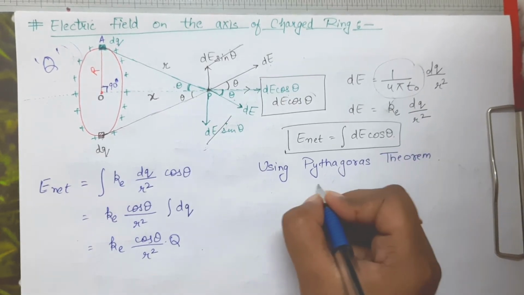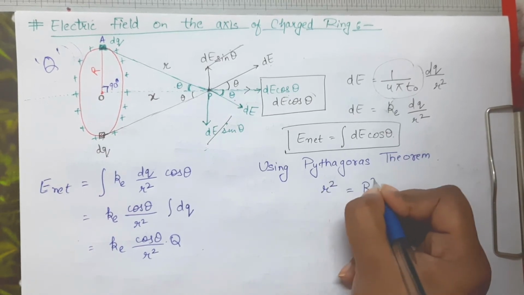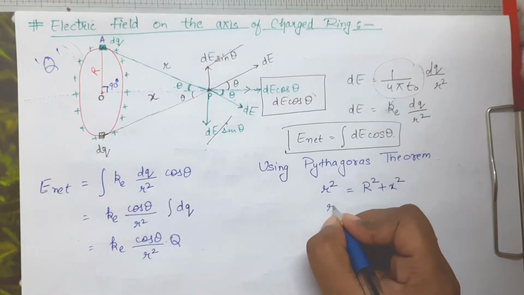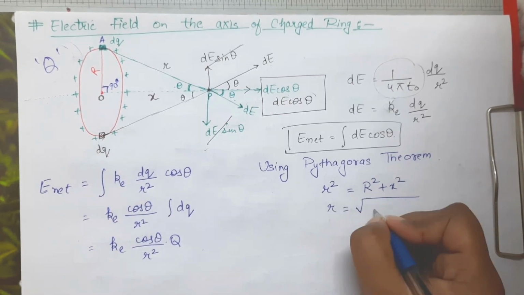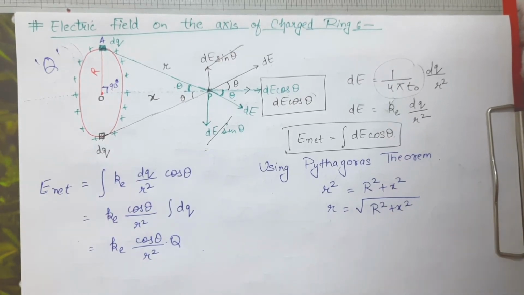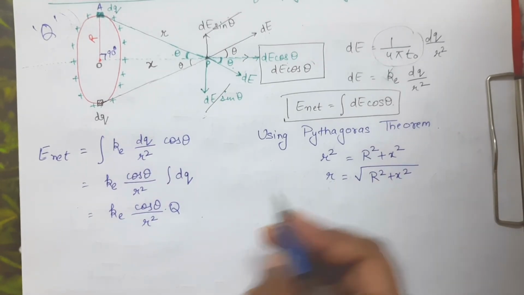what we are going to get is that hypotenuse square is equal to perpendicular square plus base square, right? So from here you will get the value small r is equal to root under r square plus x square. So you can substitute this value of small r here.